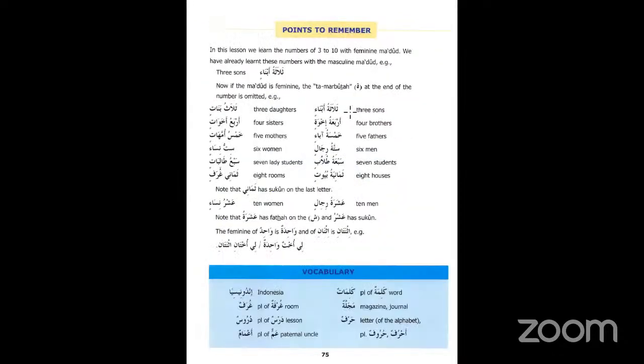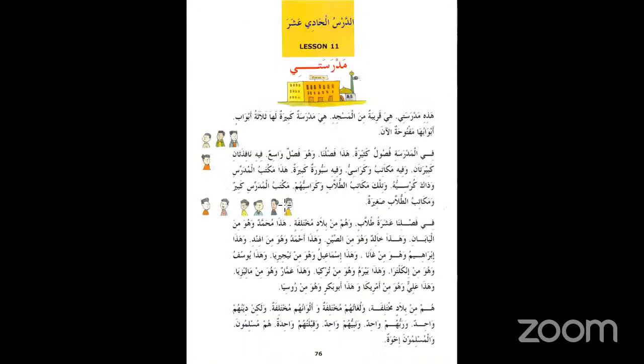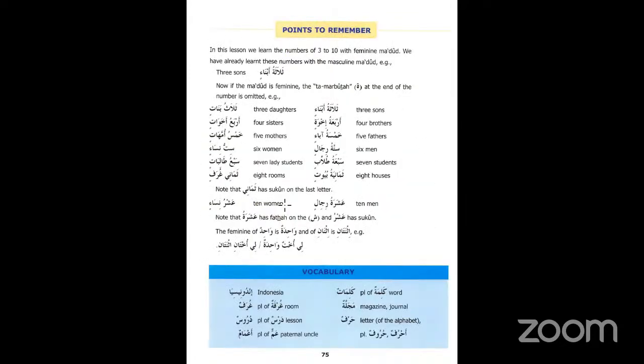Now, Sister Alia, Bismillah, page number 75. Bismillah ar-Rahman ar-Rahim. In points to remember, in this lesson we learned the numbers 3 to 10 with feminine ma'dud. We have already learned these numbers with the masculine ma'dud.